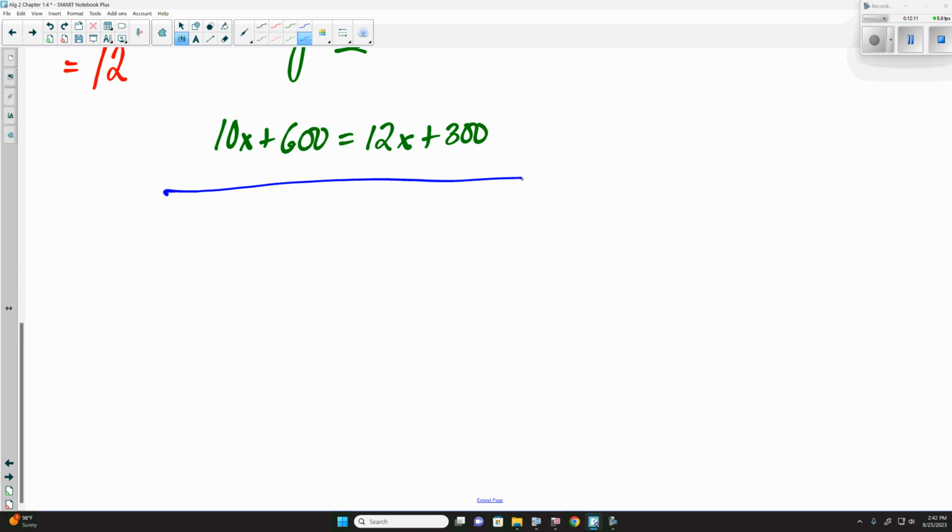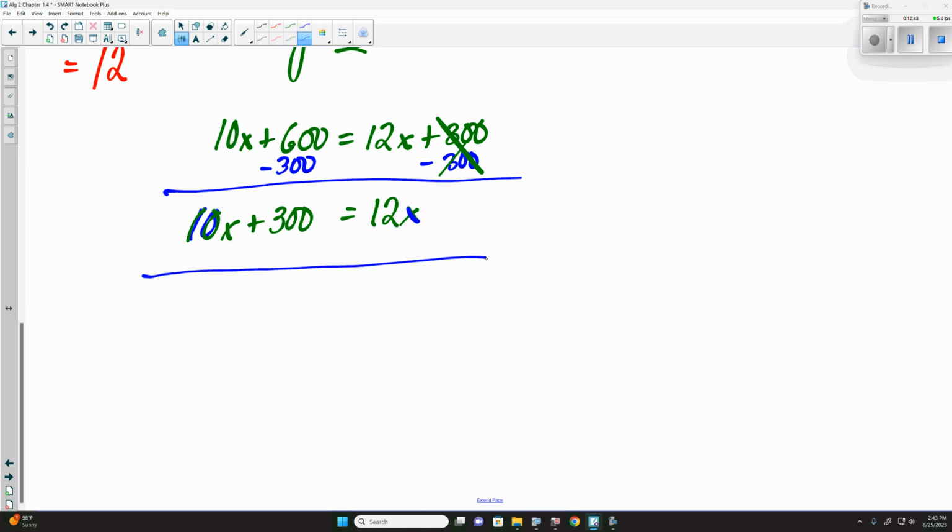What can we do first? On the right-hand side, we're going to be left with 12x because 300 minus 300 is 0. On the left-hand side, we have 10x plus 300 is equal to... what do we do next?